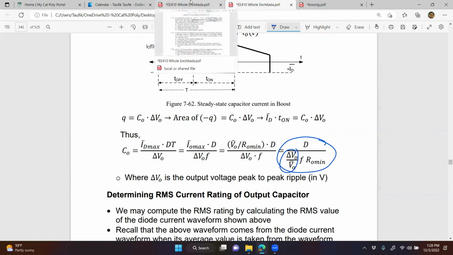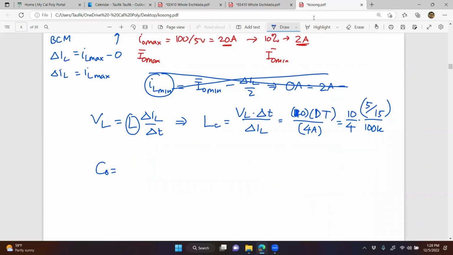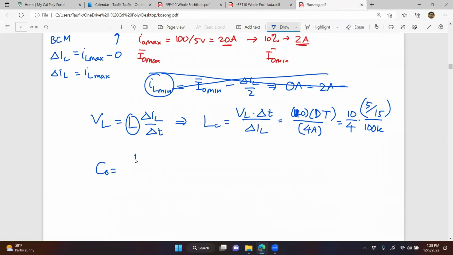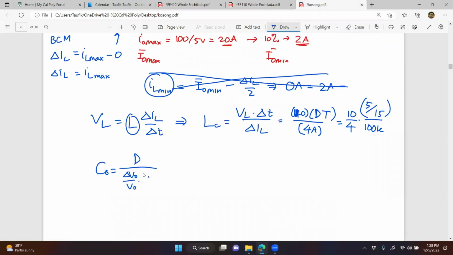So C out is equal to, let me write it down. C out is equal to D over delta V out over V out times the frequency and R out min.